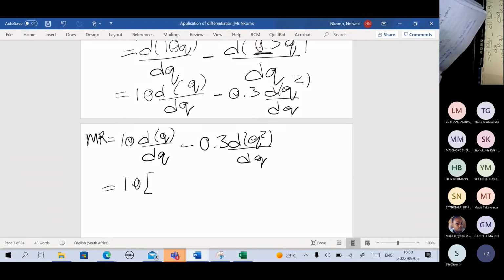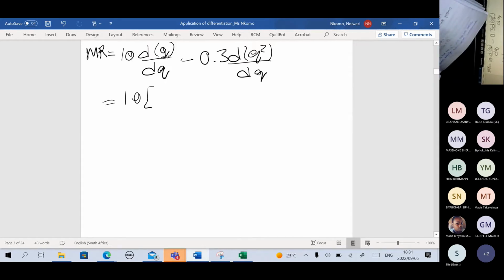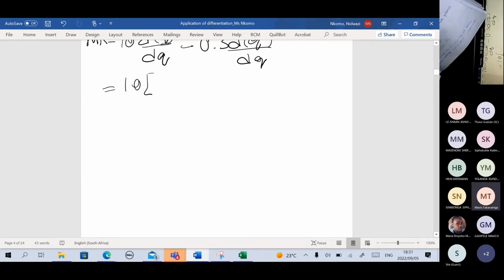What do you get if you differentiate Q with respect to Q? Anyone? Can you come again, please, ma'am? What do you get when you differentiate Q with respect to Q? Isn't it 1?